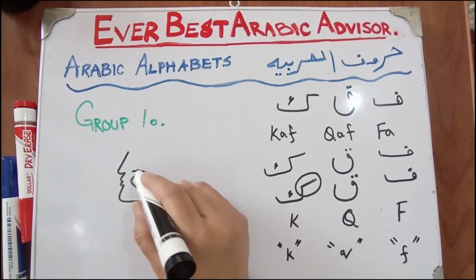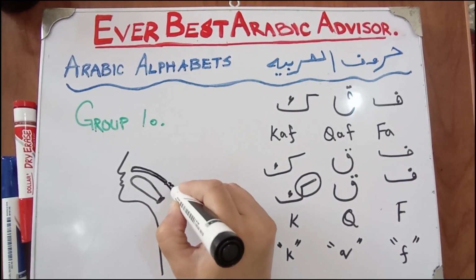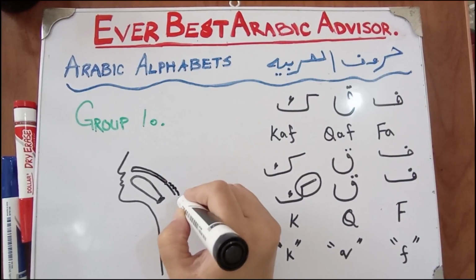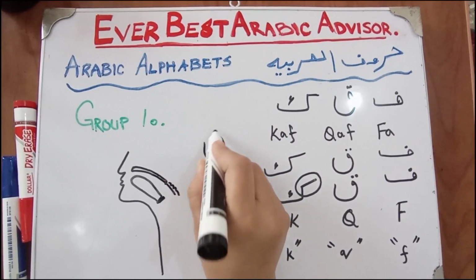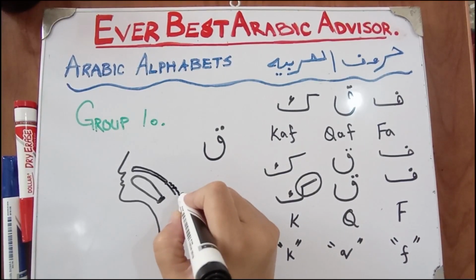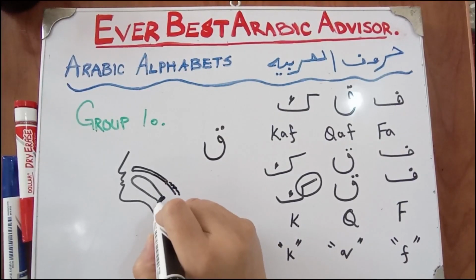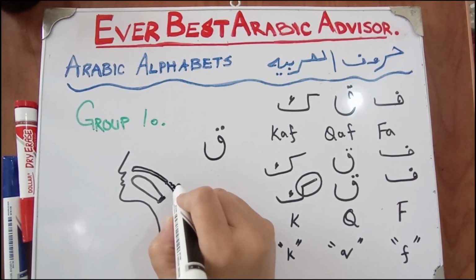But the difference is that this part of the palate is the hard part, and from here the soft part of the palate starts. When the root of the tongue touches the soft part of the palate, qaf is pronounced.